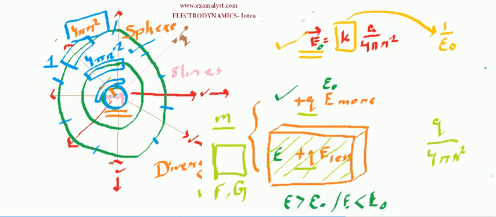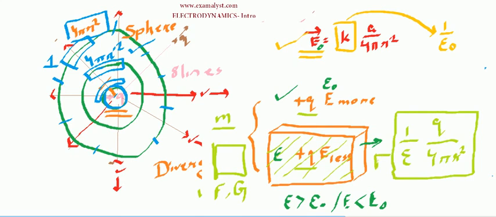Okay, so in this case the formula will become 1 by epsilon, and because of this epsilon, the value of this field, which is E, is less. The value of this is less because the value of epsilon is more.